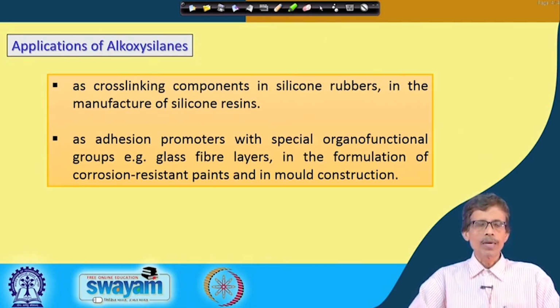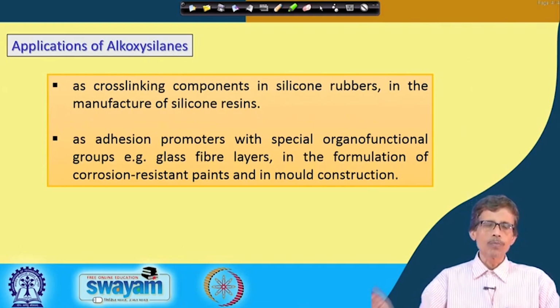So this can be considered as different types of glass fiber layers, or in the formulation of corrosion resistant paints, because these are oil type or rubbery materials. So if we use this in the making of paints or in mold construction, this one will be more robust compared to its organic analog, that means the corresponding carbon variety.